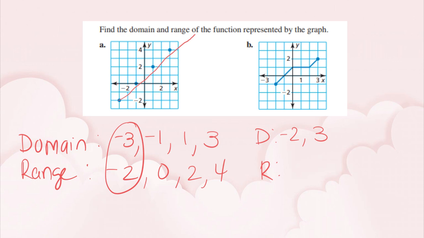What is the output of -2? -1 and 2. That's my range. Is it a function? Why is it a function? There's no repeat, right? All right, let's go on to the next slide.